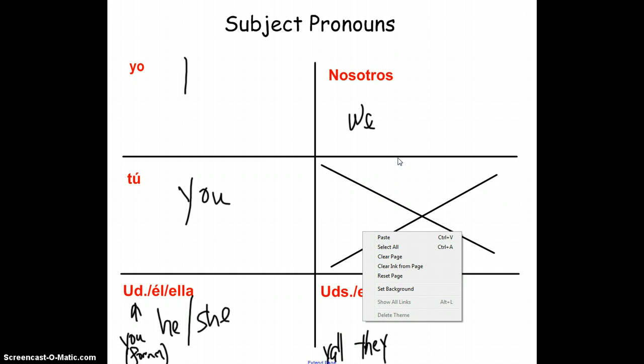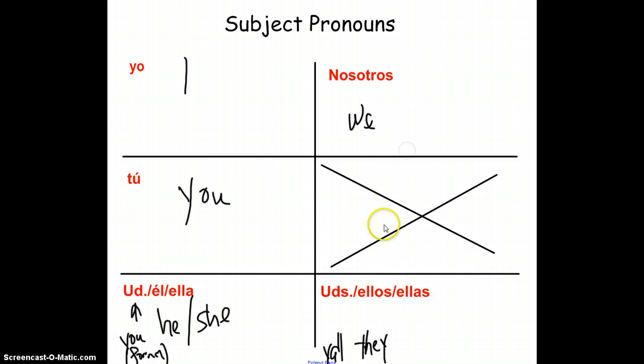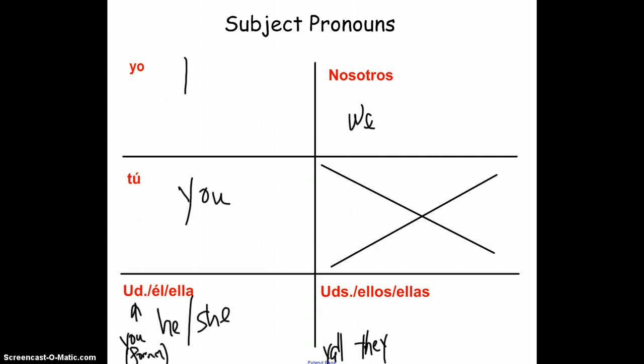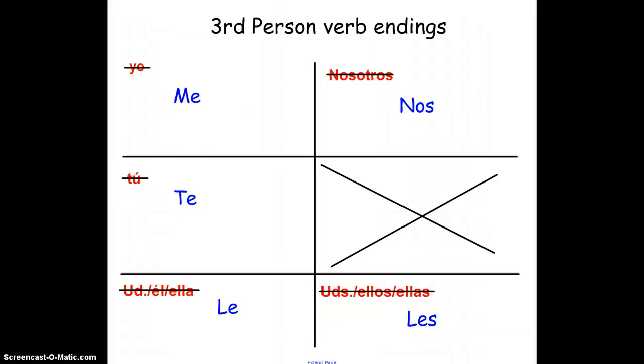All right, so those are the subject pronouns that we would normally use. These don't actually apply to these things called third person verbs. So what are we going to use instead of these typical subject pronouns? Well, you've already been introduced to one of them. It's the word me, and again, it's pronounced "meh" and not like the word in English, me.